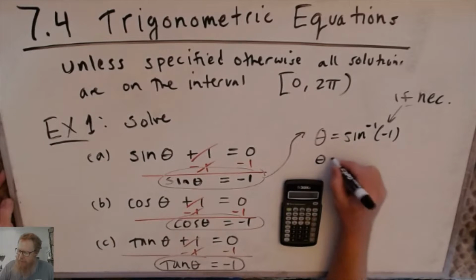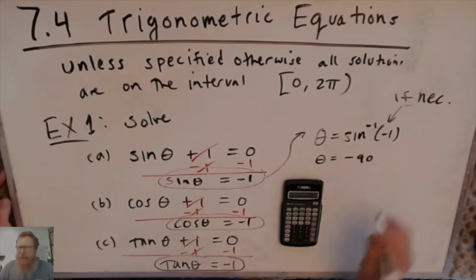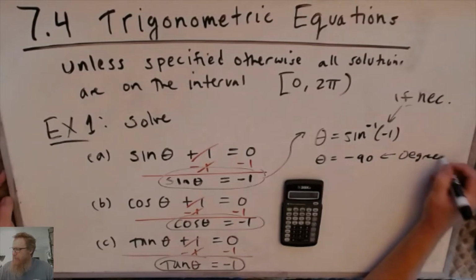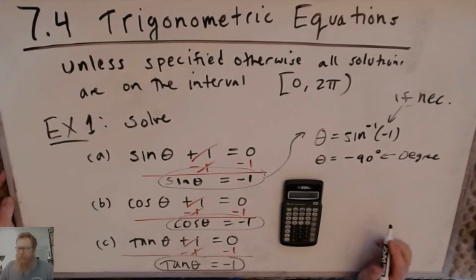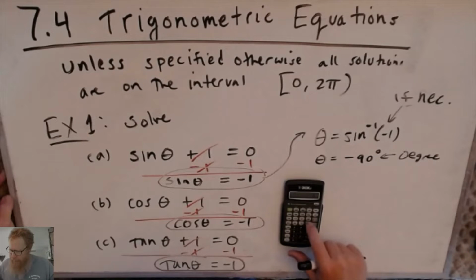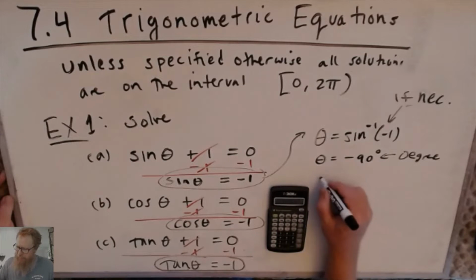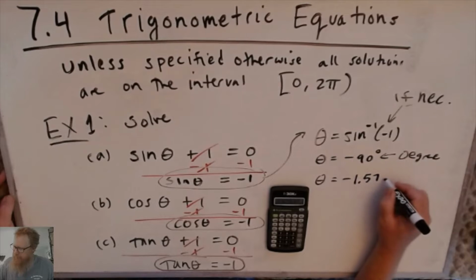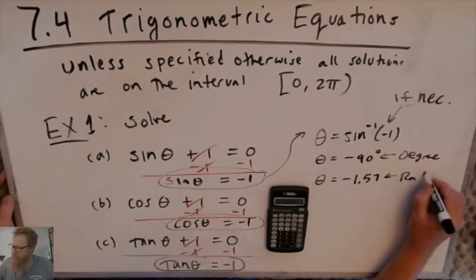And you're going to get theta is -90, if it's in degree mode. If you've got your calculator in radian mode, you're going to get -1.57. That would be radian mode.